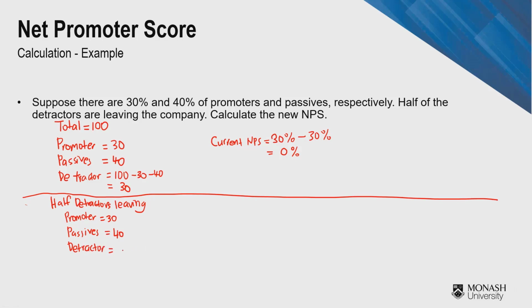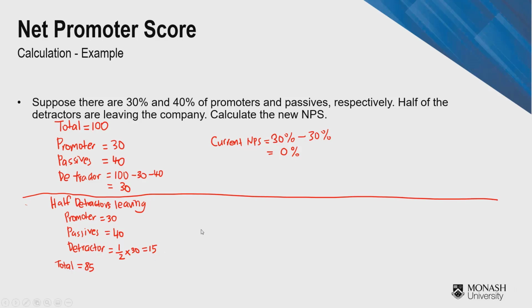The detractors is actually half of our 30%, which is 15. So now my total becomes 85. So 40 plus 30 plus 15 becomes 85.